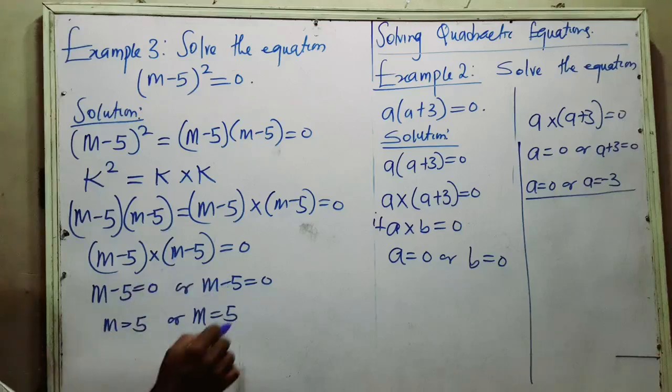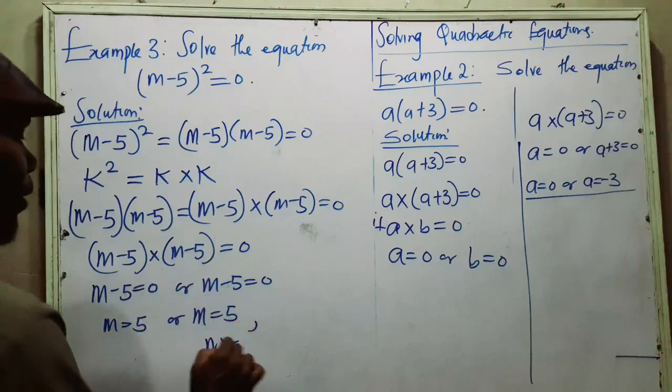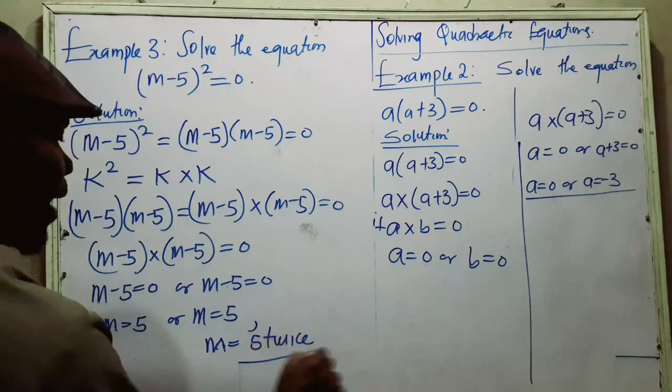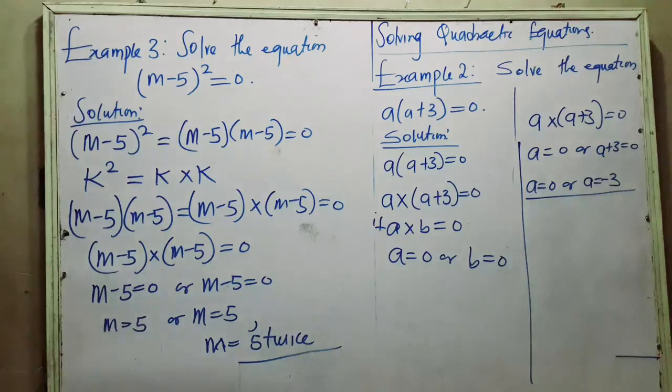So the final answer gives us n is equal to 5 twice, because it occurs two times.